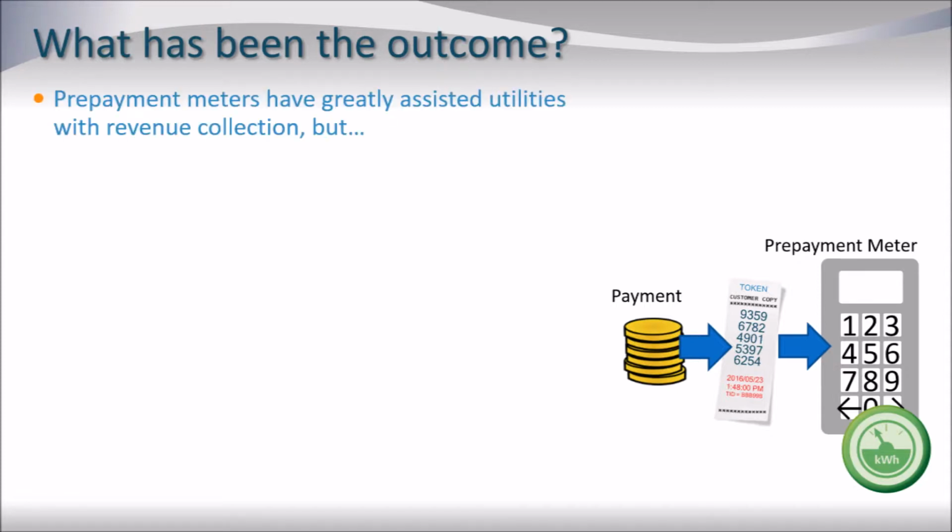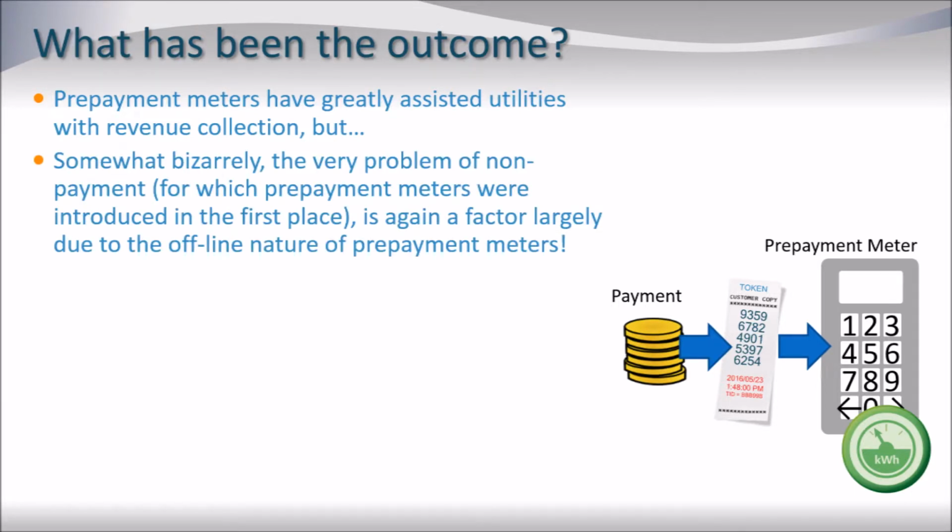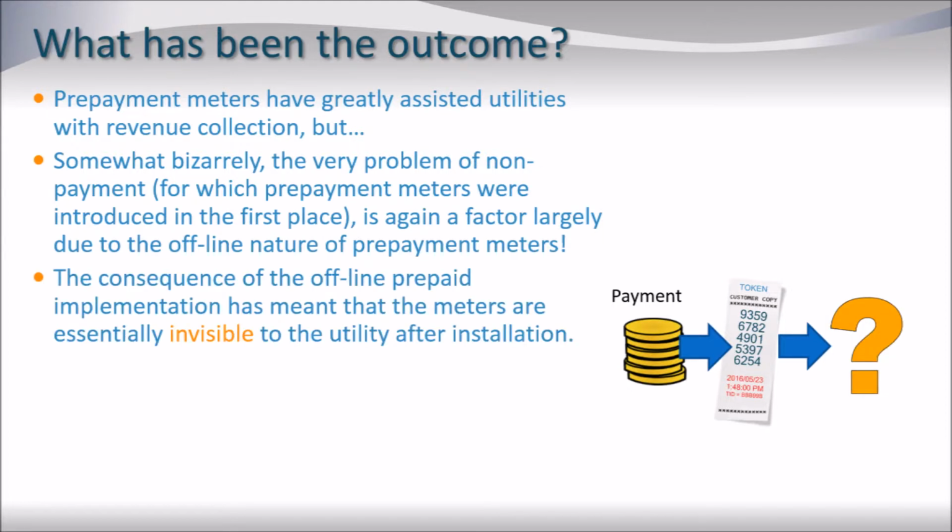Well, they've greatly assisted utilities with revenue collection, but unfortunately, there's a but. Somewhat bizarrely, the very problem of non-payment, for which of course prepayment meters were introduced in the first place, is again a factor, largely due to the offline nature of prepayment meters. The consequence of the offline prepaid implementation has meant that the meters are essentially invisible to the utility after installation.